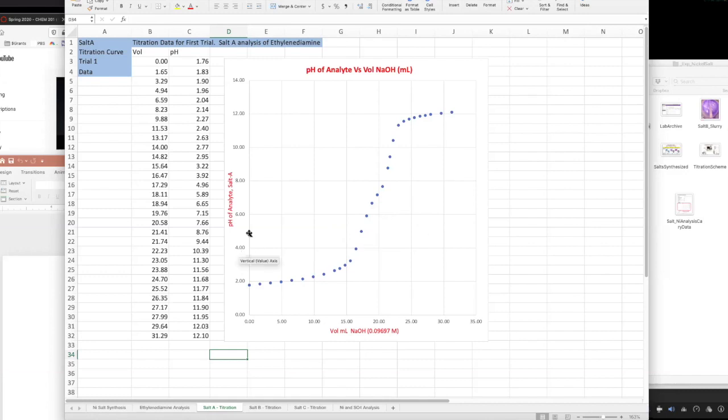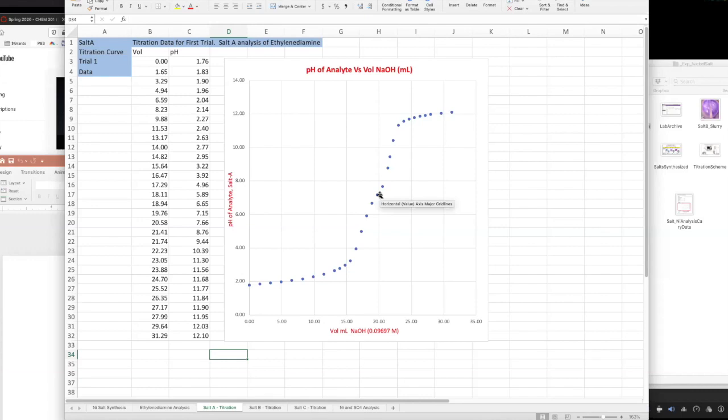The key here is that the methyl red changes color right about 4.2 to about 5.0. So the volume right in here is where you want to read the equivalence volume for the titration of the excess hydrochloric acid. This portion right here, this first inflection point, not the second, the first. You need to be clear on that, because if you use the second inflection point, it'll be way off.